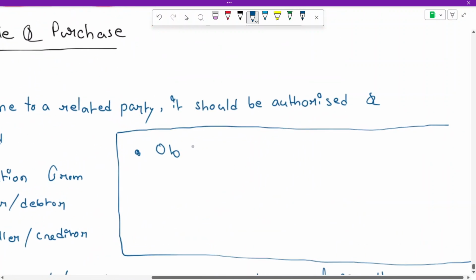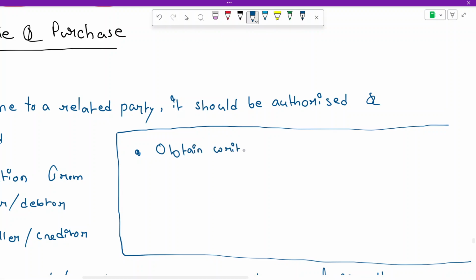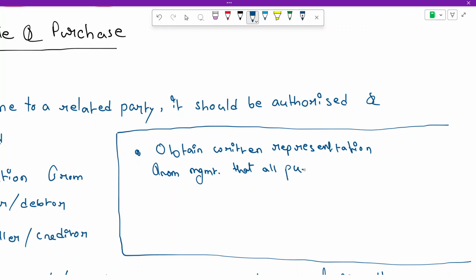Obtain written representation from management that all purchases and sales are recorded.